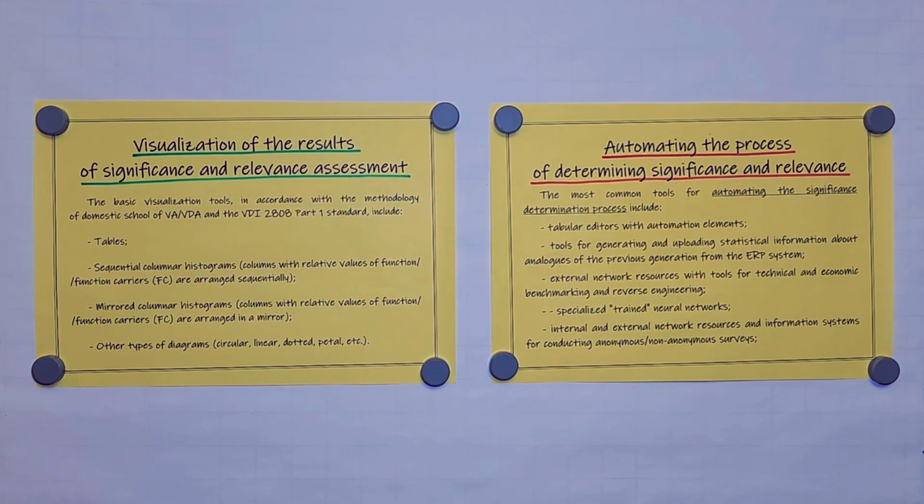However, we would like to highlight the importance of the issue separately, in particular due to the fact that the process of planning the complexity of the work of the working group, which will be reviewed in more detail in issue number 15, implementation of value analysis planning costs and efficiency, often doesn't take into account the importance of automating the process of determining the significance of functions and their carriers.